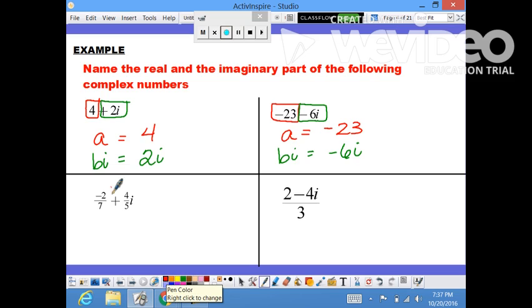Even with fractions, you still want to put a box around the -2/7, and then we're going to put a green box over the +4/5. So that way we're naming this a equals -2/7, and bi equals 4/5i.